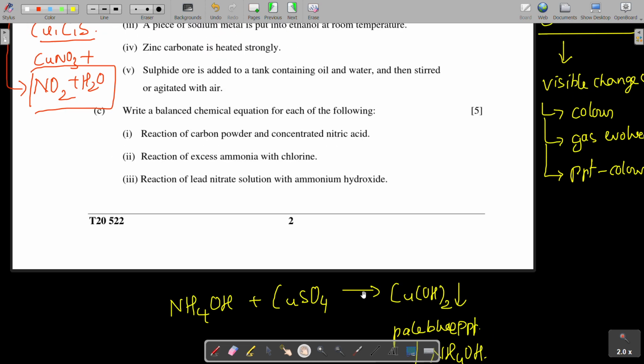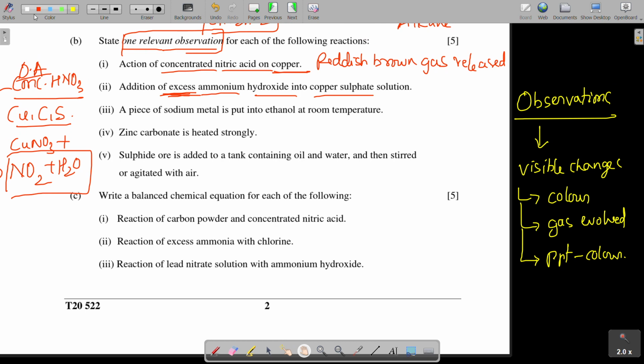Okay, you have to write both here. You should not just write the inky blue solution formed. No, because that is not formed directly. It passes through the pale blue precipitate, right?